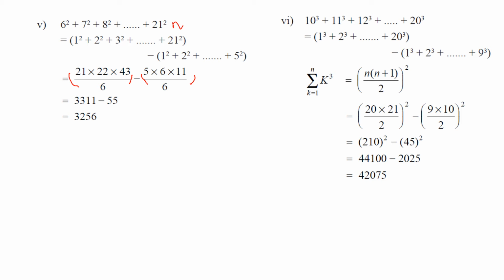Cancel with 2 table. 3 2s are 6, 11. 1 3 is 3, 7 3s are 21. 7 into 11, 77. 77 into 43. 3 7s are 21 plus 2, 23. 4 7s are 28 plus 2, 30.